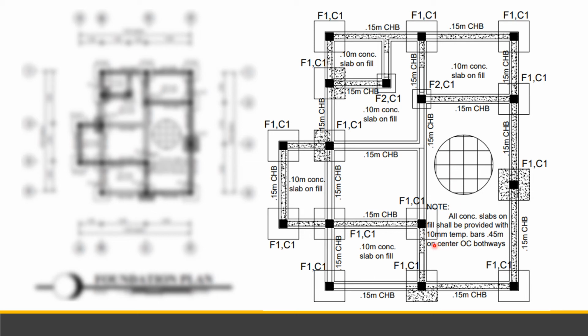And manipis lang, or small dimension lang ng steel yung ginamit. So, this 10 mm lang. So, each slab dapat naka-indicate kung ano yung thickness nung i-lay na concrete. Okay, so this is for the foundation plan.